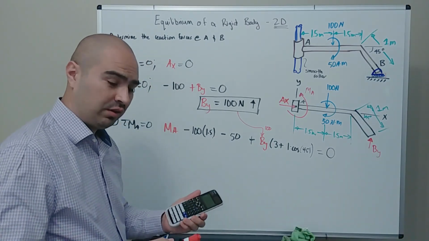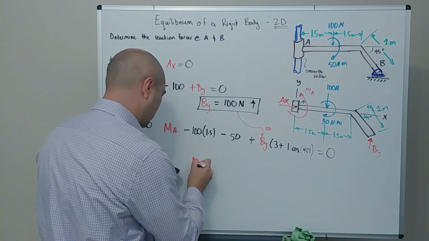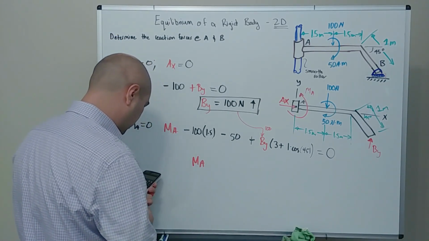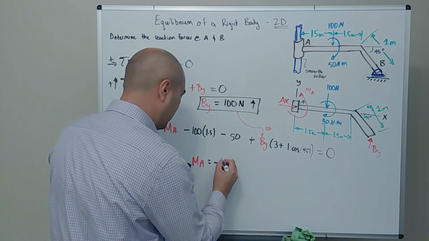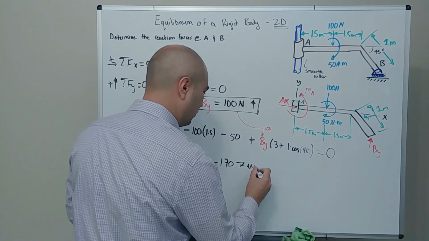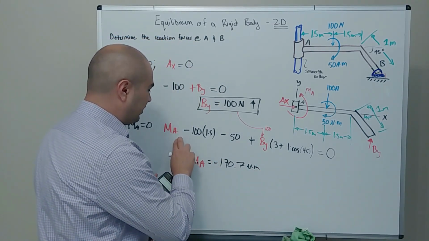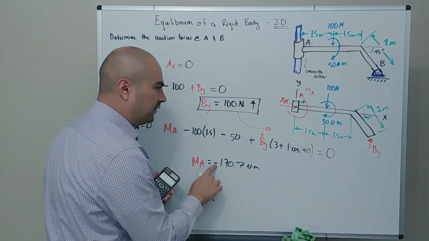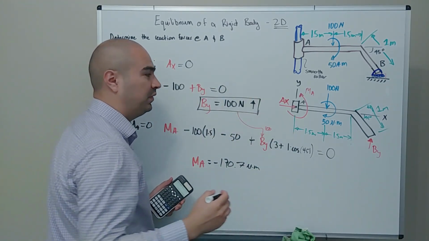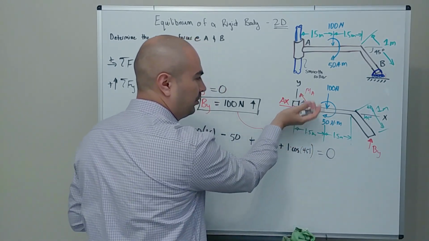If we type that on the calculator, MA equals minus 107.7 Newton meters. Now again, remember, whenever we get a negative for any of the reactions, this means that the direction we initially assumed is incorrect. As I look over here, I had assumed the moment at A to be counterclockwise.